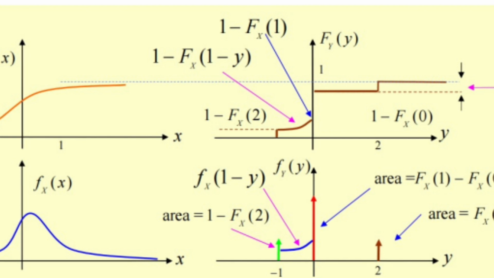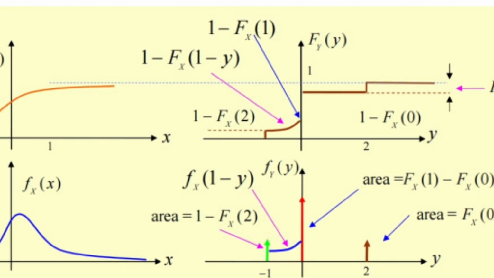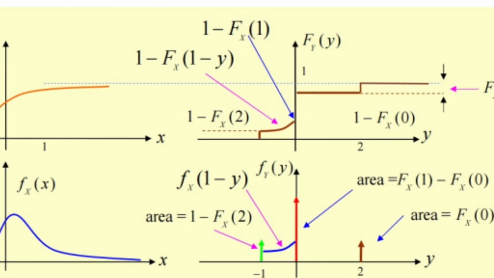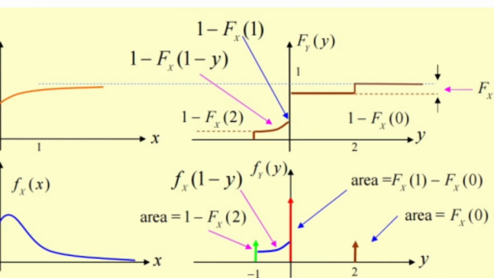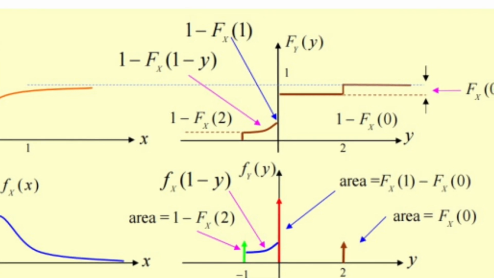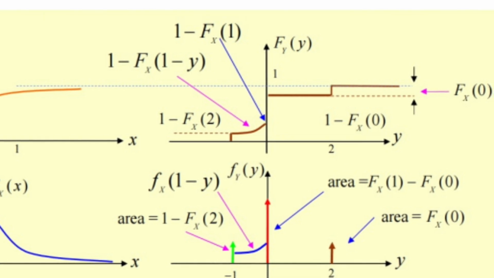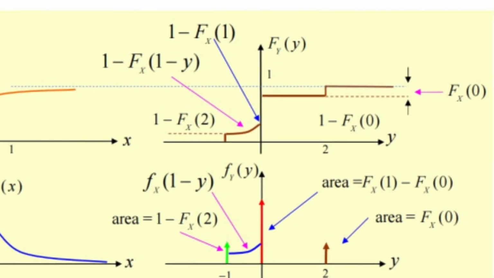And that's for the 1 bigger than y bigger than or equal to minus 1, and y equals minus 1, the probability for y equals minus 1 equals probability x bigger than 2, which equals 1 minus F_X(2).